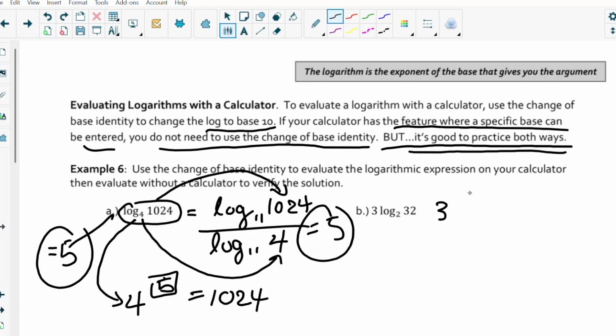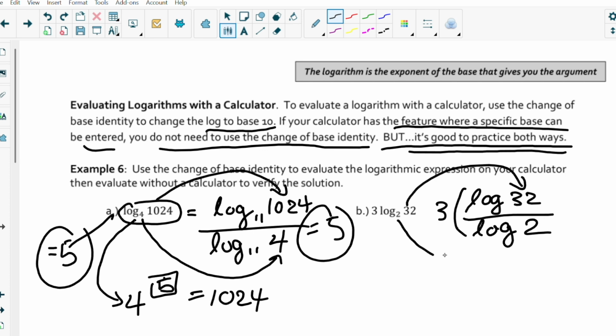Same. All right, 3 times log base 2 of 32. I'm going to leave that 3 alone. Remember, you can choose any base here. The easy way is just use common logs because the button's built in. So log base 10, but I'm going to just write it as log of 32, which assumes it's base 10, over log of 2. The 32 comes here, the 2 comes here, and no base written assumes 10.